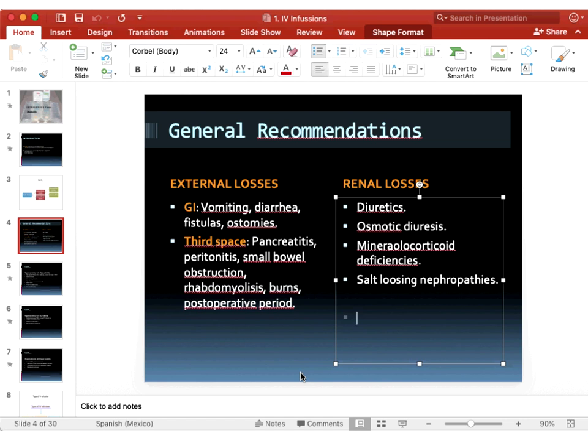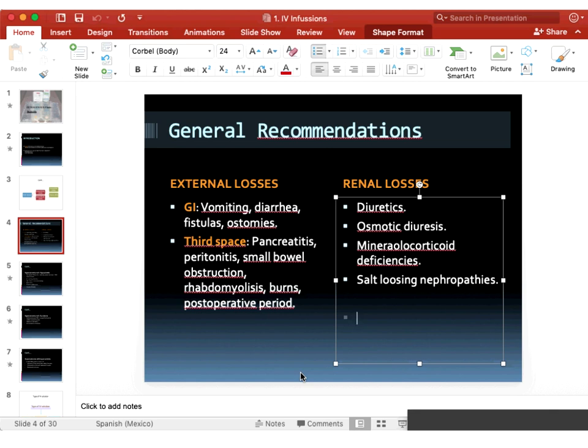One that is very important for you to recall is pancreatitis, because pancreatitis can cause a great deal of volume loss, between 4 or 5 liters. So for a patient with pancreatitis, the cornerstone of treatment would be to keep him hydrated.